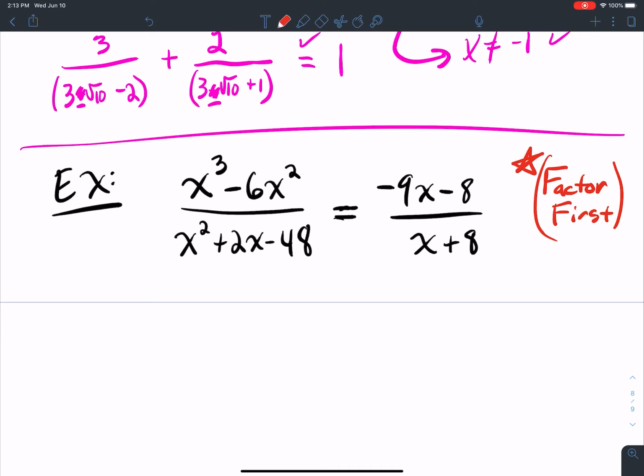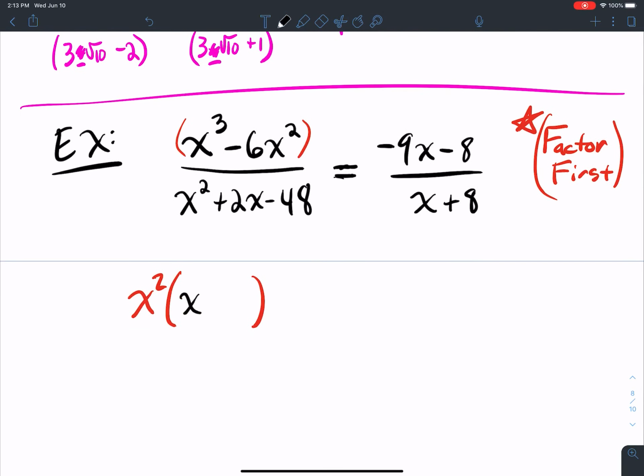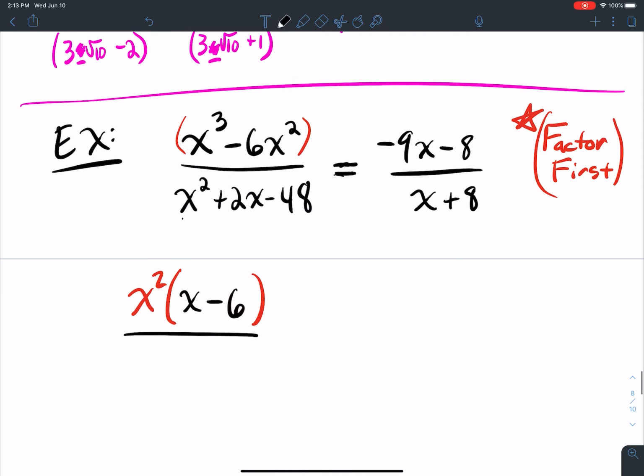So if I factor the numerator, what can come out? Well, it looks like they both have an x squared, so I can factor that out. Now if I factor that out, I have an x left and a minus 6. In the denominator, this is a trinomial. A is equal to 1, so maybe it's an easy AC method, right? So multiply to negative 48, add to 2: 6 and 8.